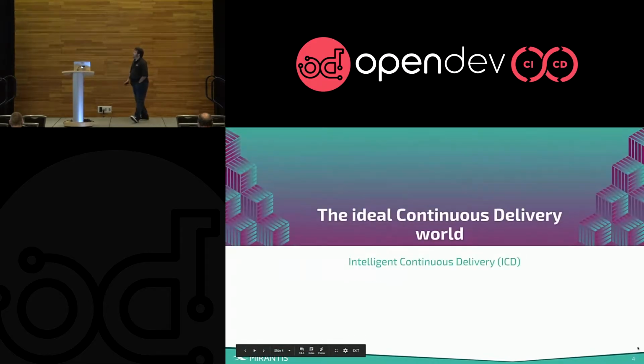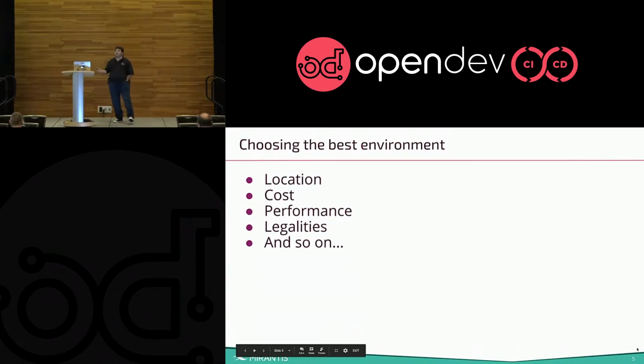So let's talk about what intelligent continuous delivery is. When you are deploying your application, there are a number of things that you are taking into consideration when deciding where to put it. Is it going to be in your local data center? Is it going to be in the cloud? Is it going to be somewhere really close by or somewhere really far away? Is it going to be on some spare capacity on somebody's wearable halfway across the world?